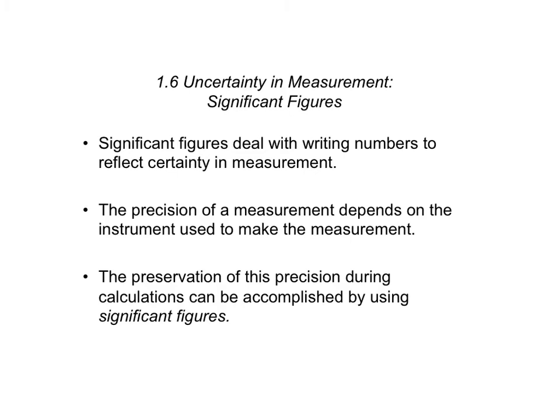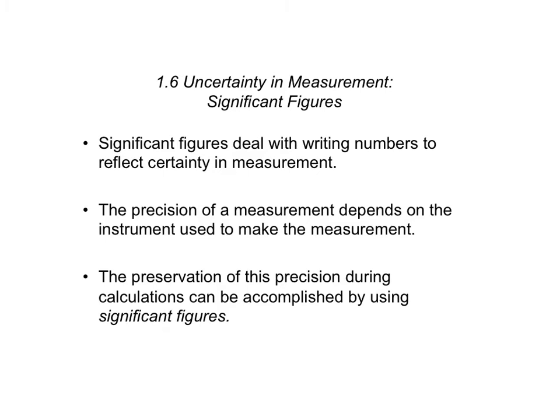Okay? So who has heard of sig figs before? Quite a few people. Okay? So what is the entire purpose of significant figures? You don't have to answer, but just note that in chemistry, we make a lot of measurements, right? And the measurements that we make and the certainty with respect to the measurements that we make depend on the instrument that we're using to make the measurements with, okay?